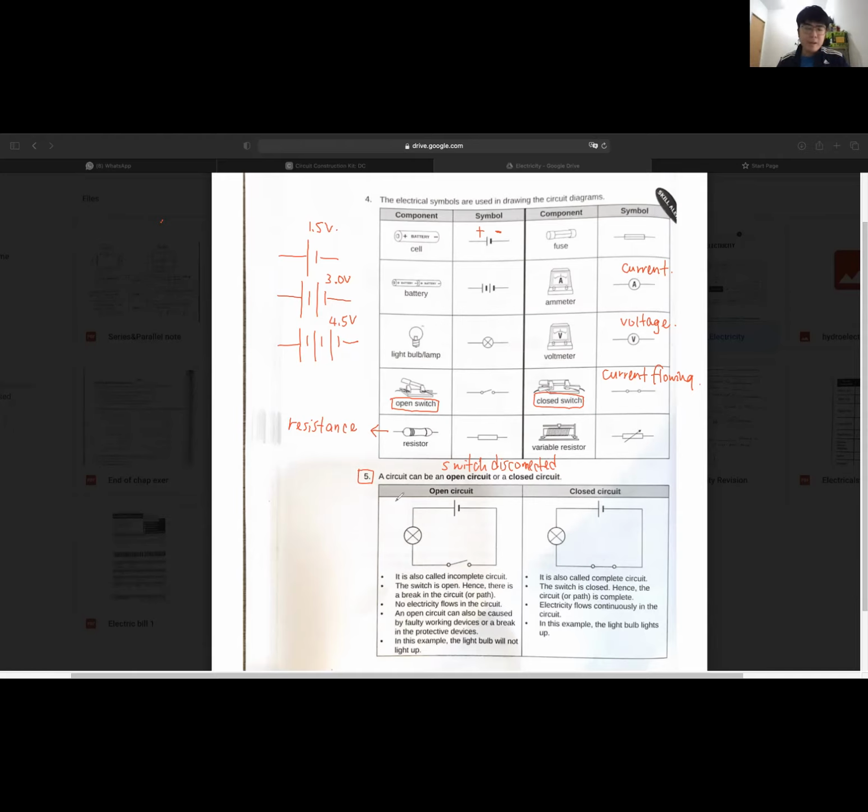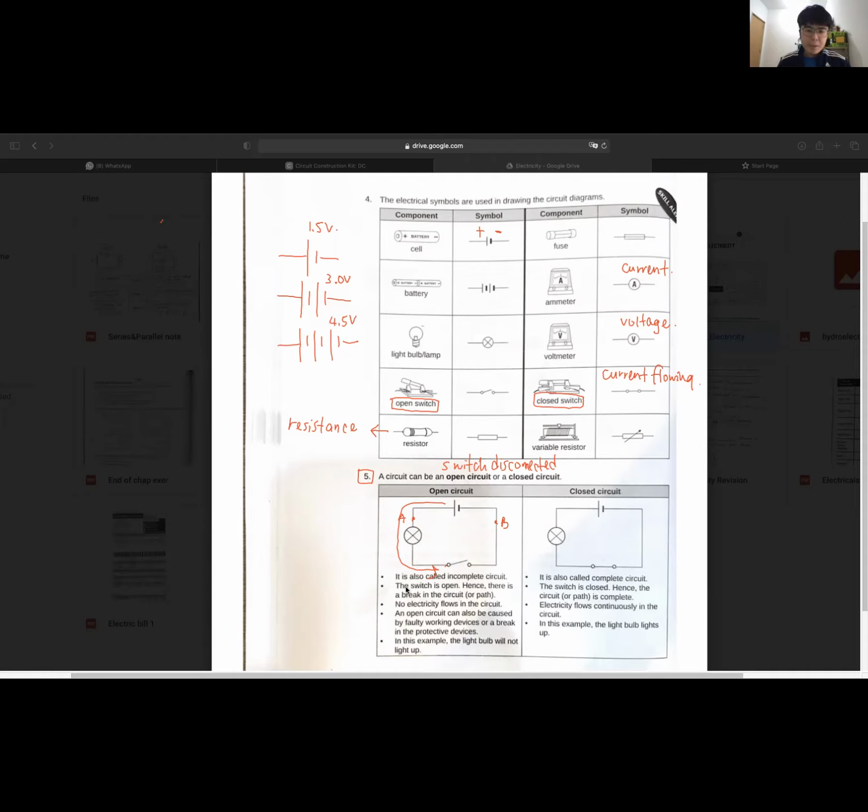Anywhere, point A over here, point B over here, before the switch, after the switch, there's also no current. You cannot say current flows from here and then stops here, with current on the left side and none on the right side. No. If it's incomplete, then it's incomplete. There's no current everywhere.